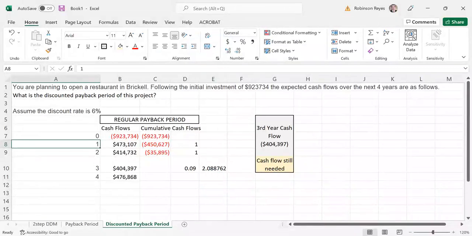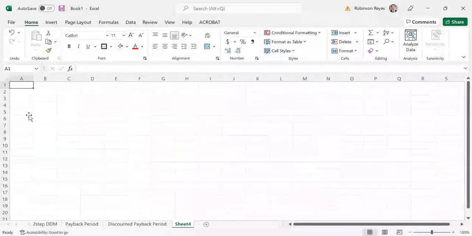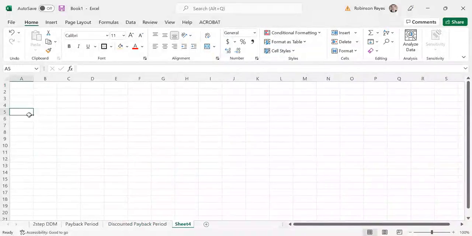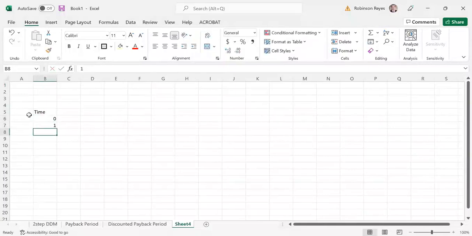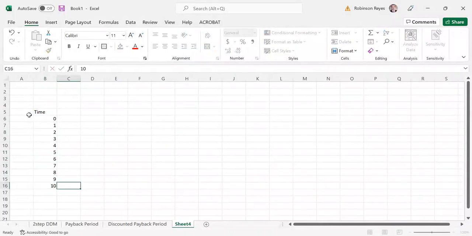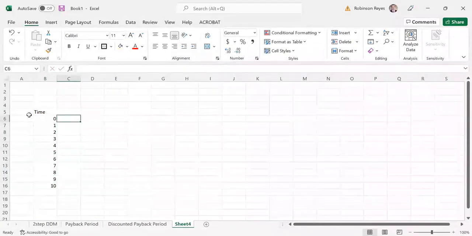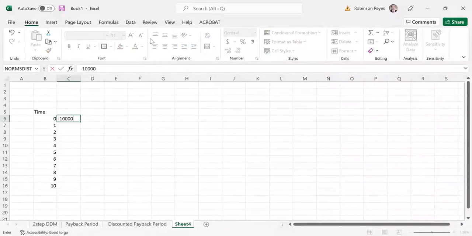So now, let me open this. If we have an initial investment, this is time 0, 1, 2, 3, 4, 5, 6, 7, 8, 9, 10. And then we invest in period 0, $1 million.